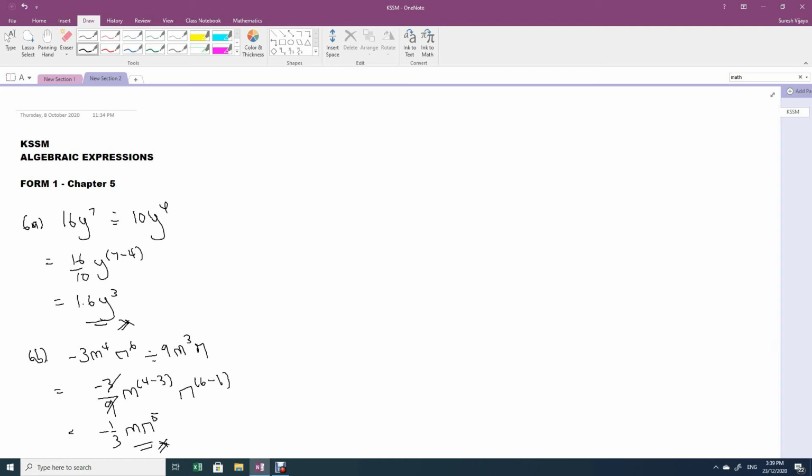So we move to 6c. What 6c says is negative 6p to the power of 3 r to the power of 5, divided by negative 1 over 2 p to the power of 2 r to the power of 3.